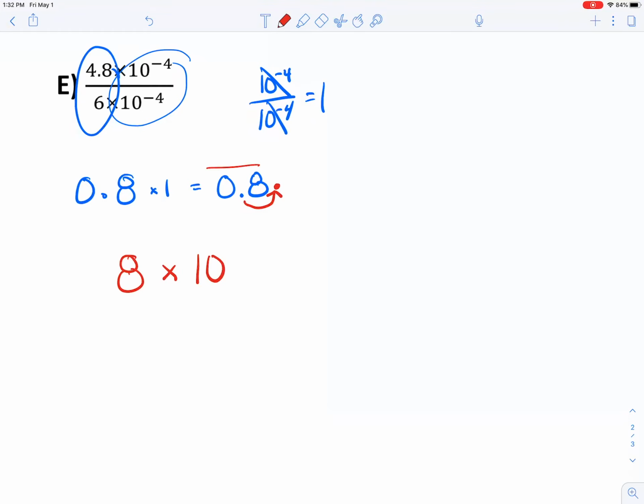So it's going to be 8 times 10 to the, and if you think about it, if this is what my number should be, 0.8, and here's where my decimal point is, I have to really move that decimal point one spot to the left in order for it to represent 0.8. So my answer would be 8 times 10 to the negative 1.